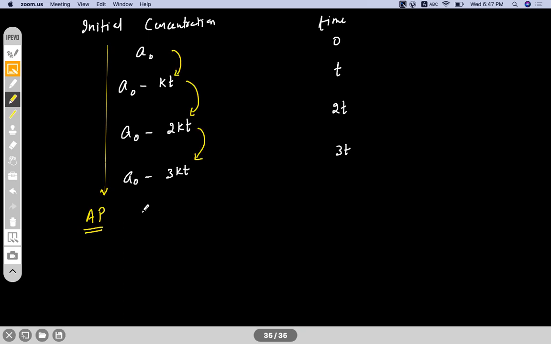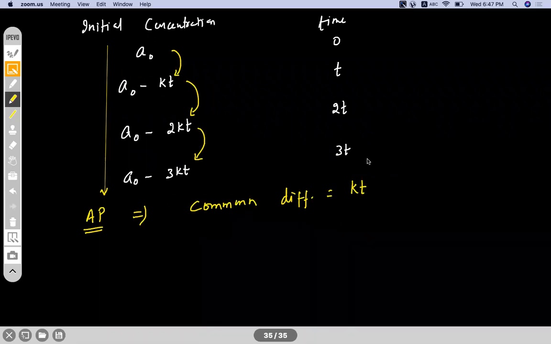What is the common difference we have in this? Common difference is K times T. So if you keep this in mind, any time interval you can find out directly without using the equation.